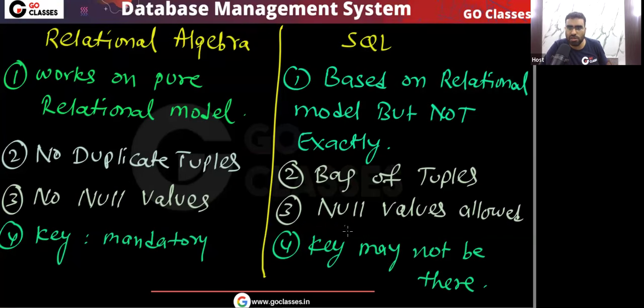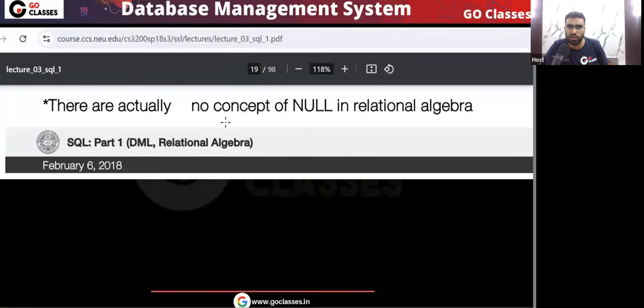So in SQL null values matter, but in relational algebra we don't have null values. So when you are solving any relational algebra question, don't consider null values, because there is no concept of null in relational algebra. You can see this screenshot from this top university.